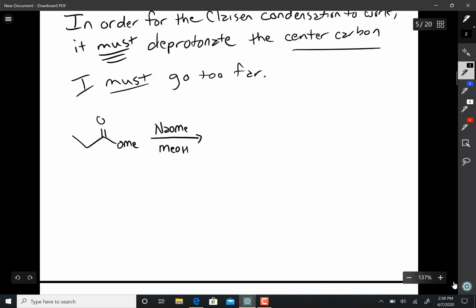So the product of this, the Claisen condensation, is technically the enolate. And by the enolate, you can draw either one of these. They're just resonance structures of them.